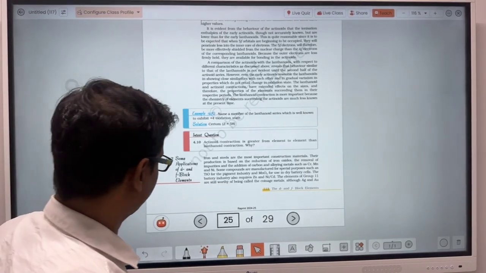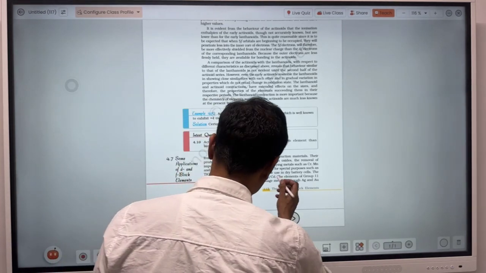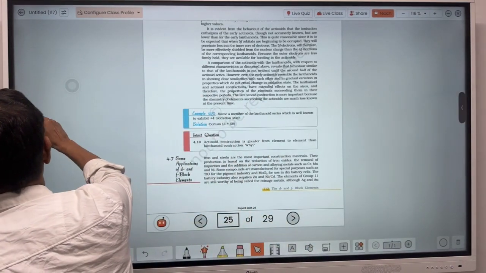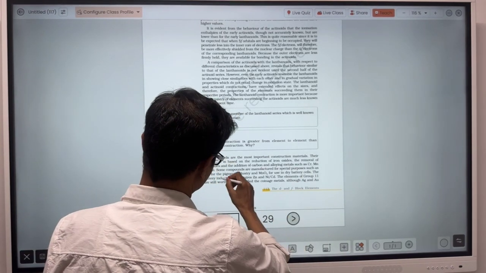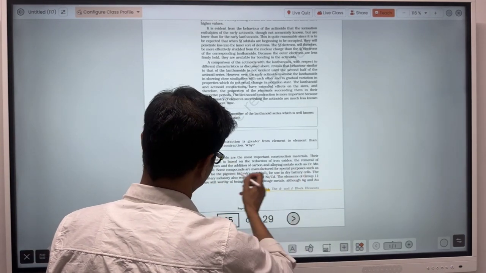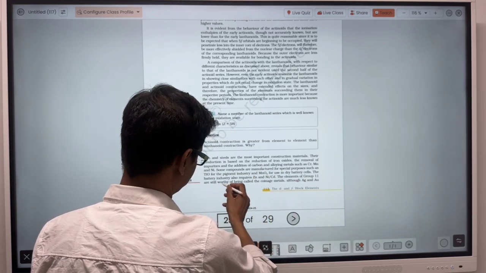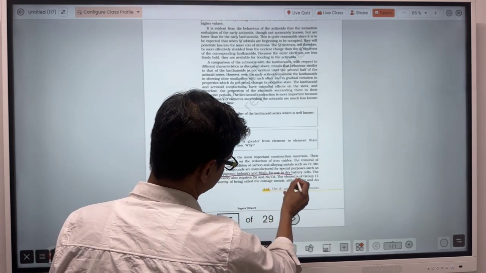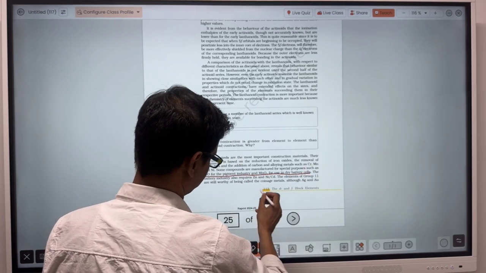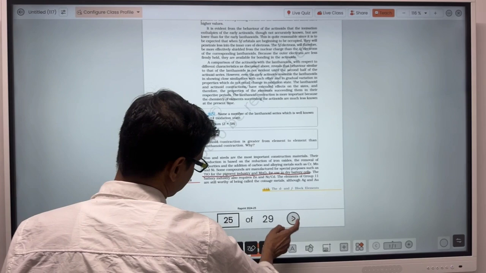Some applications of d and f block elements. This one will be important for you for competitive examinations. Importance here, alloy is this one. Okay, this one is more important.